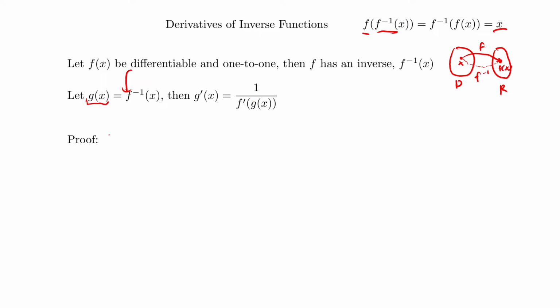Really, this proof follows directly from the chain rule, because if I want to take the derivative of f of g of x, then this is going to be f prime of g of x times g prime of x.